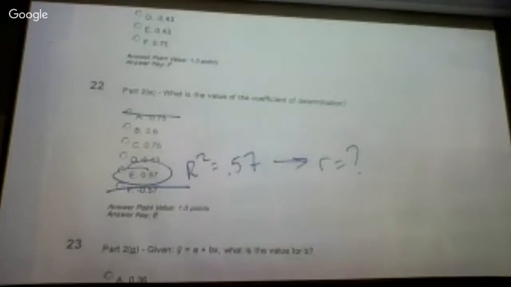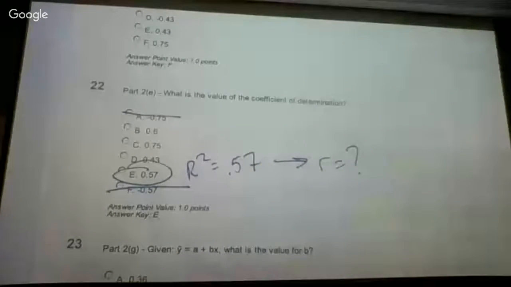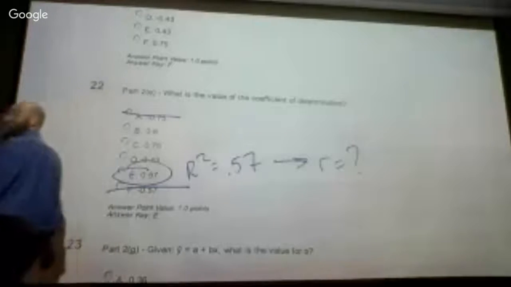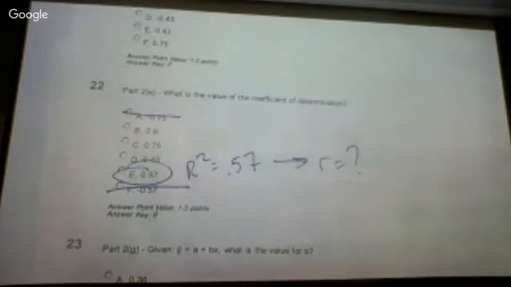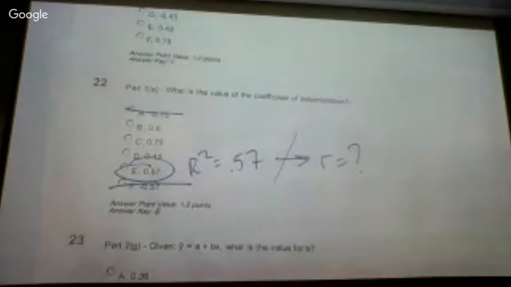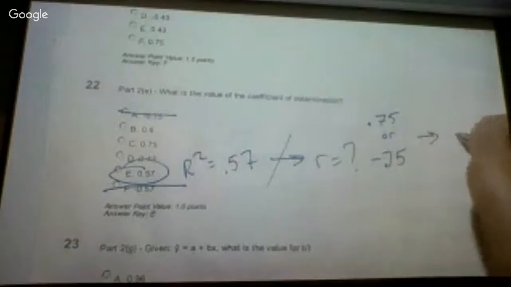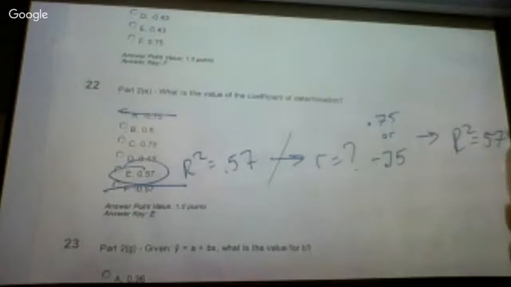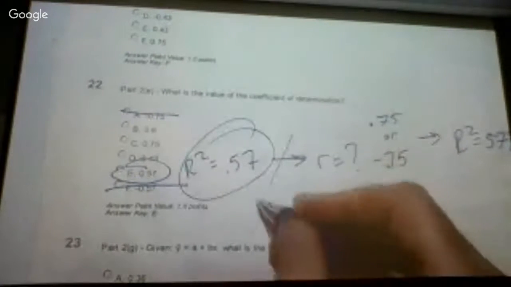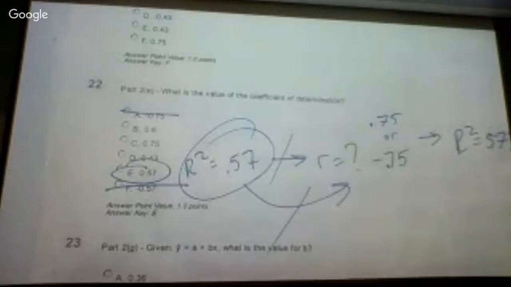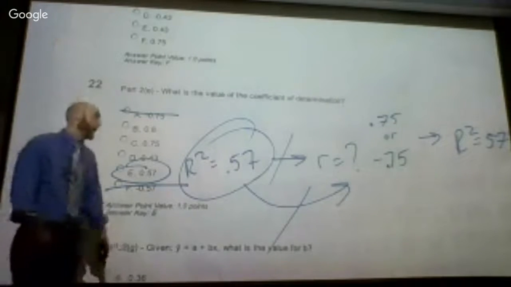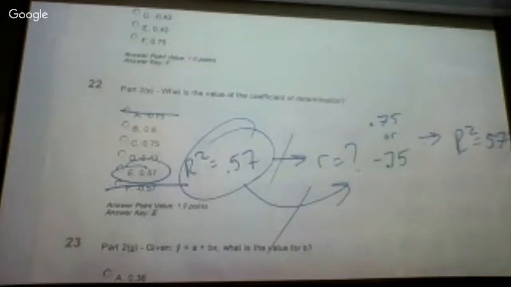So if I told you that the correlation was negative 0.75, right? You can't. So an R of 0.75 or negative 0.75 both give you an R squared that equals 57%. If I give you R squared, you cannot tell me R. You can tell me the magnitude of R, but you cannot tell me the direction of R. And R has both the magnitude and the direction. So that one is E.